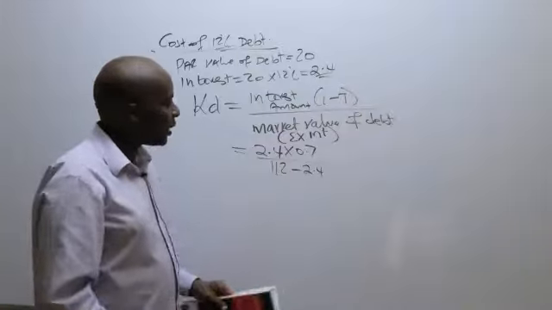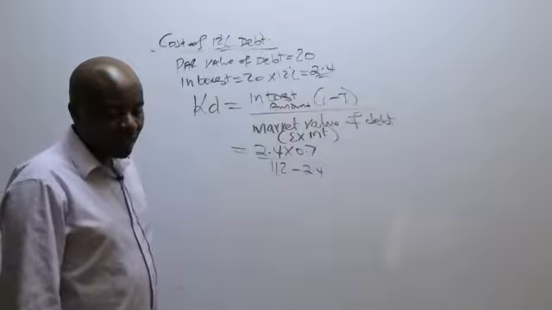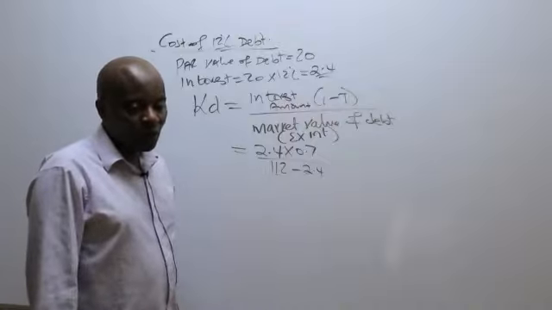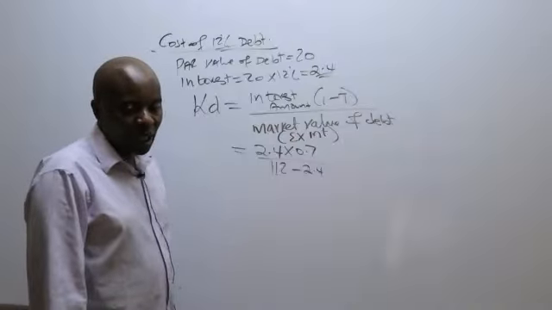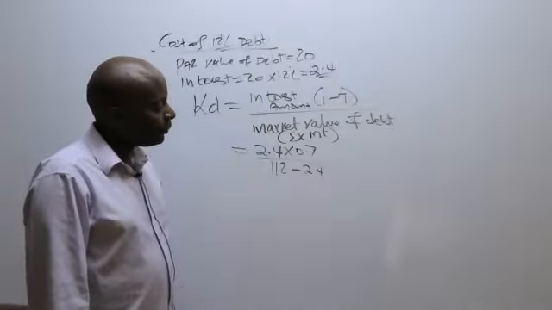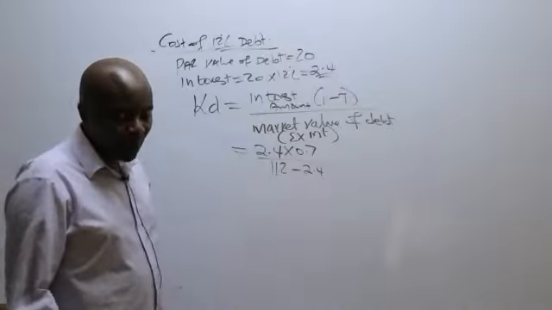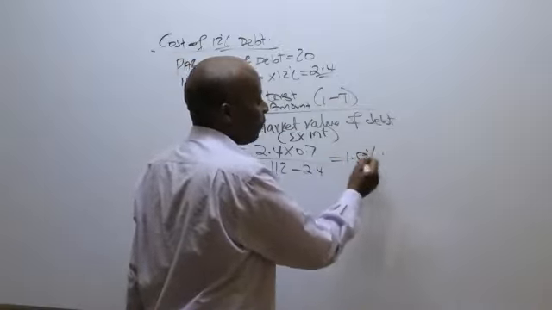KD stands for cost of debt. What are they able to get? Please don't remain silent for too long, because we need to go to other things. Is there somebody who is getting approximately 1.53? Yes, there's somebody who has confirmed there, 1.53%.